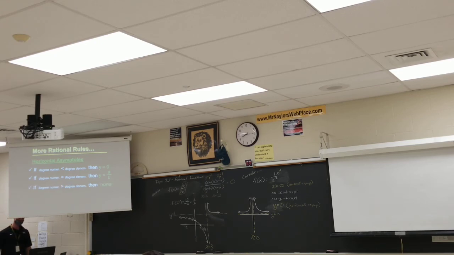Now there's also a scenario where the degree of the top is greater than the degree of the bottom. In that case, there's no horizontal asymptote. This looks kind of crazy because there's 3 rules, but it basically comes down to just comparing the top and the bottom.